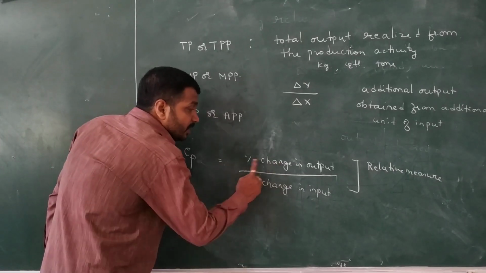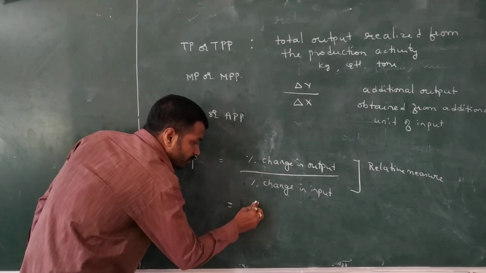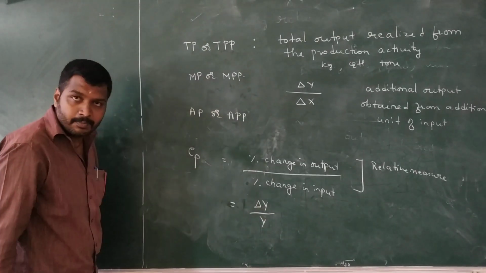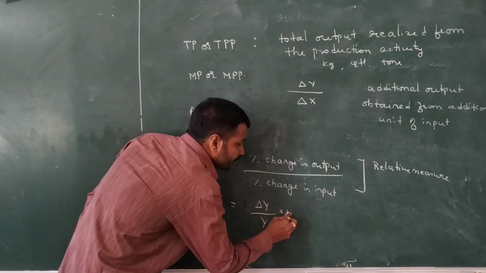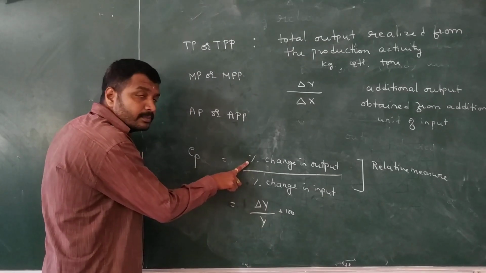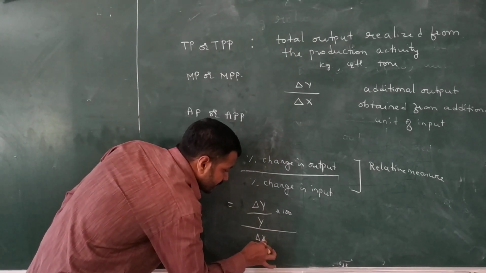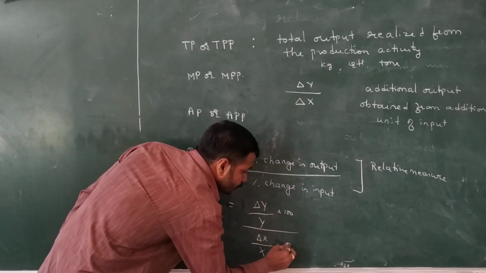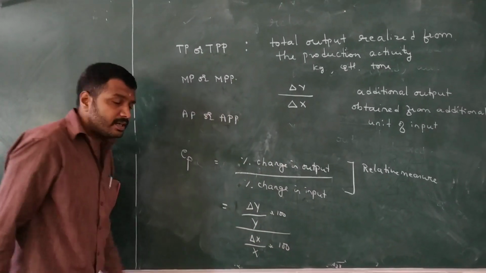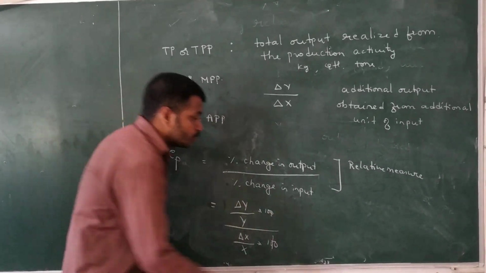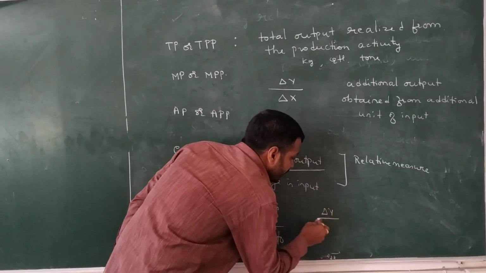So how will the percentage change be expressed? It will be expressed as delta y divided by y, multiplied by 100 because it is a percentage change, divided by delta x by x into 100. If we rearrange the terms, this 100 cancels off.